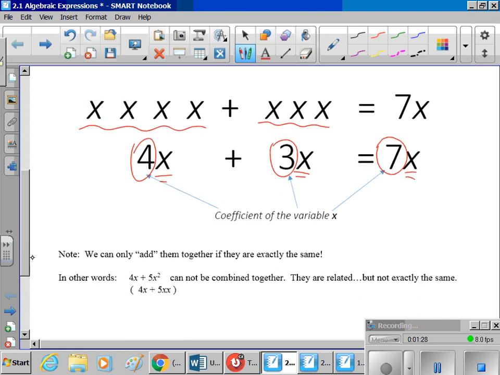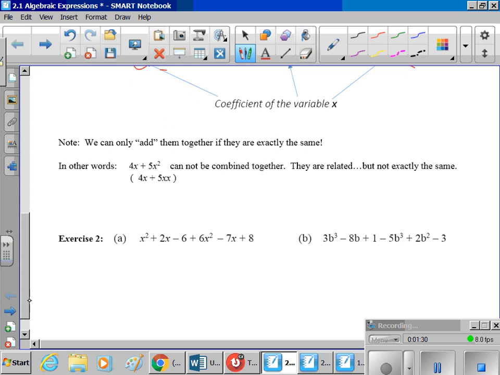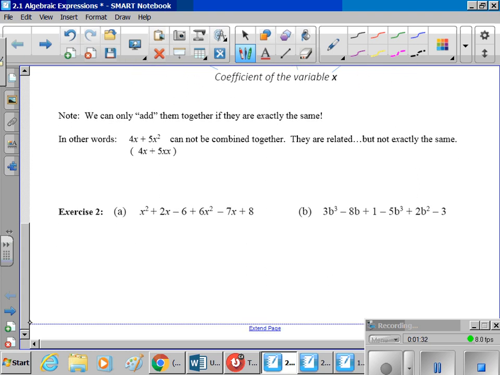Note, we can only add them together if they're exactly the same. I used to tell my Algebra 1 students, if they have the same last name, we can add them together. So if you consider adding 2x plus 8x, the 2 and the 8 have the same last name, so we can say that's 10x. But if you say 2x squared plus 6x, now they might be related.